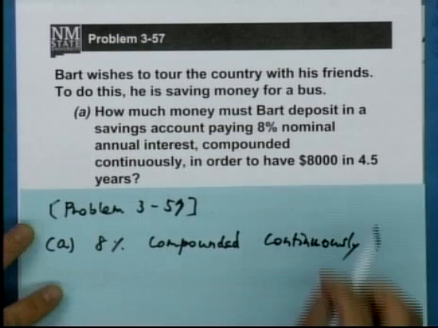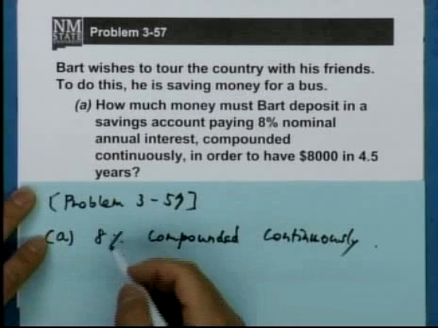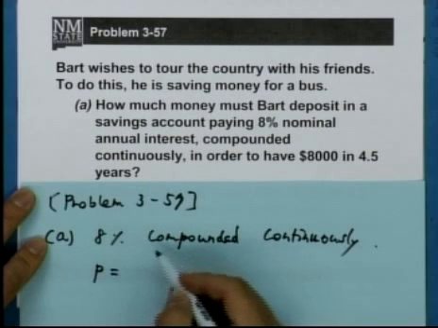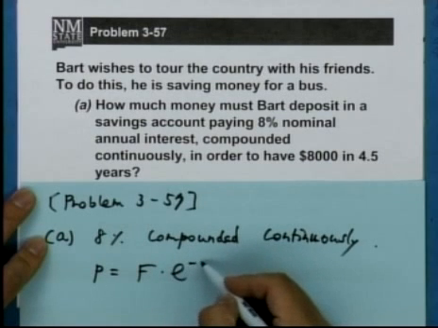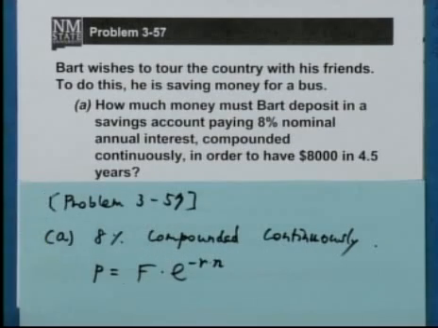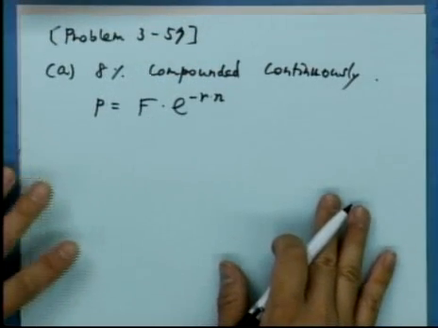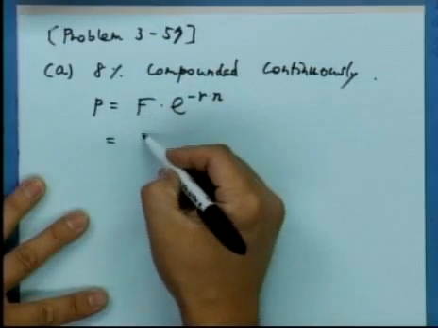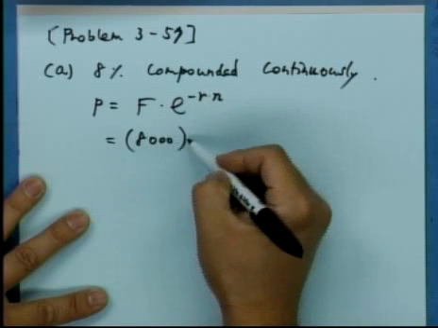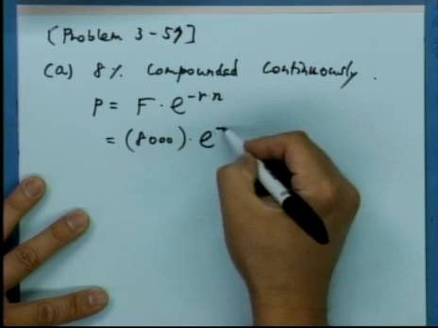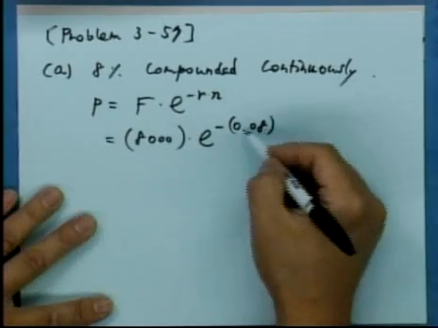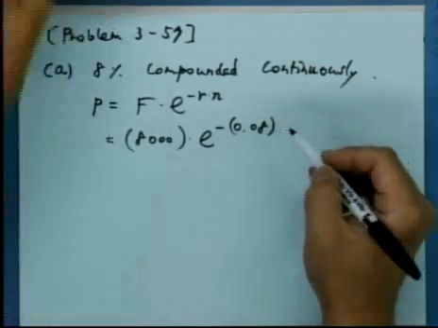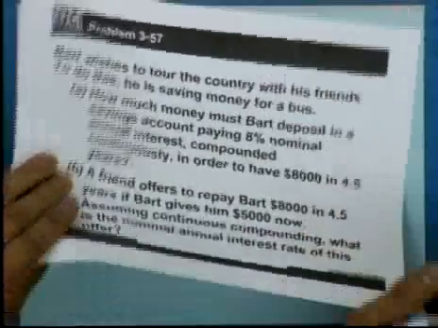So if I use the single payment present worth formula, which is P equals F times e to the power negative r times n, then it's going to be 8,000 times e to the power negative 0.08, which is 8%, times n equals 4.5 years, right?